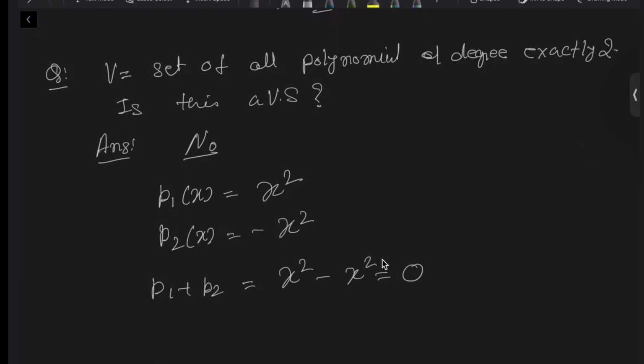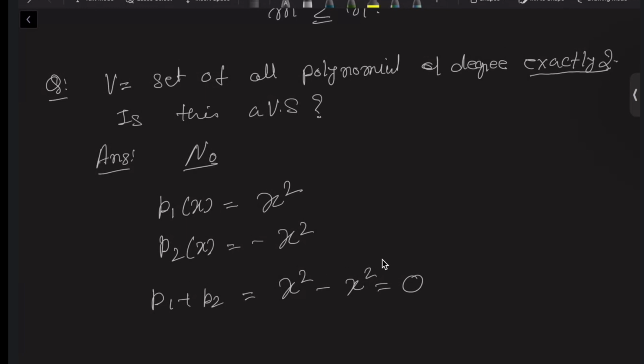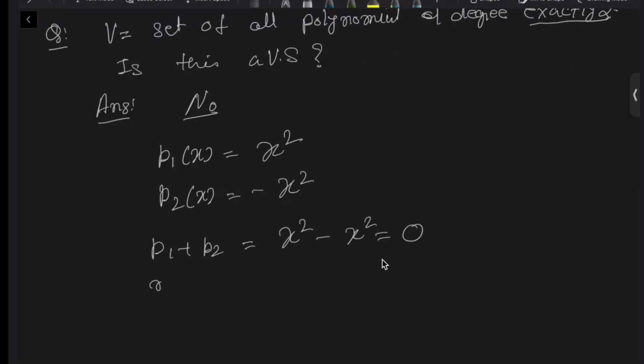Because here what we have specified is that the degree should be exactly 2. But in the previous example, we considered degree at most 2. So when we say at most 2, it means the degree can be 0, 1 or 2. But when we say the degree is exactly 2, then the degree has to be exactly 2, and this we can say is not closed with respect to addition, and hence it is not a vector space.